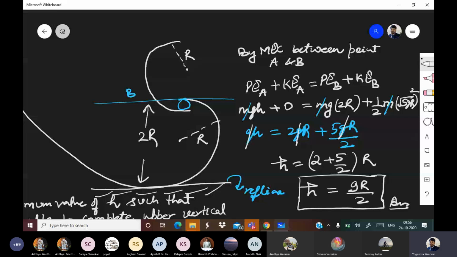Some scientists have found, sir, that this 9R by 2 can also be written as 4.5R. India is actually running because of such scientists. Correct? We need many more scientists like these who can tell us that 9R by 2 is 4.5R.